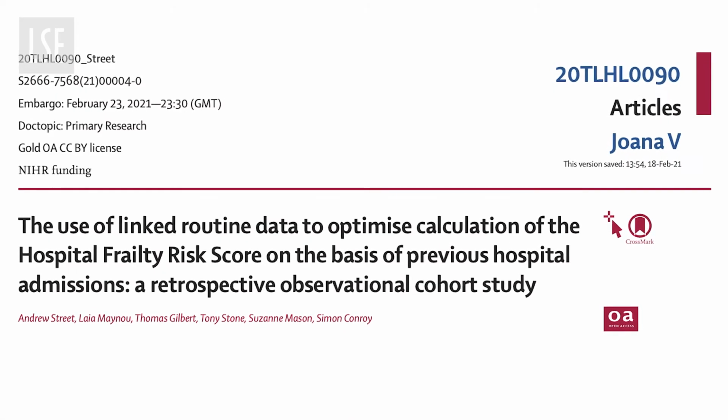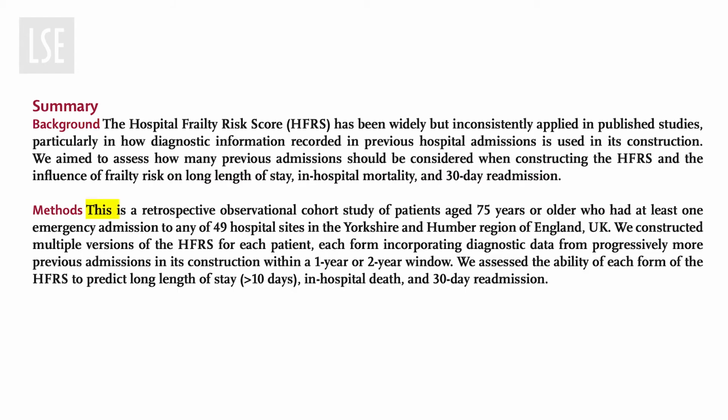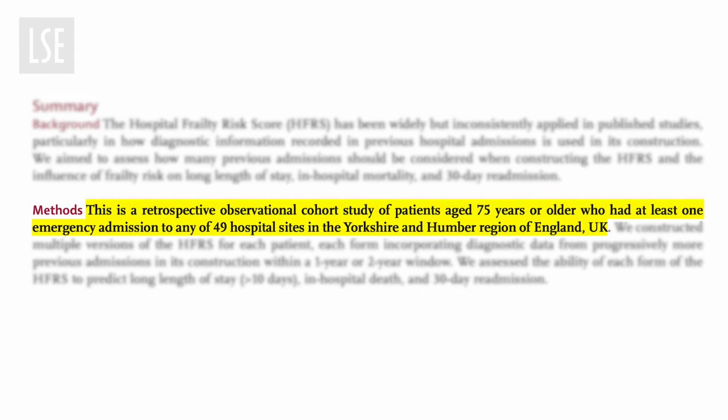What we did in this paper was to look at the diagnostic information for a group of patients for both their current admissions to hospital and then a succession of historic admissions over the previous years for the same patients. So to do this, we analysed data for all patients over 75 that had been admitted to hospitals in the Yorkshire and Humber region over a 7-year period.